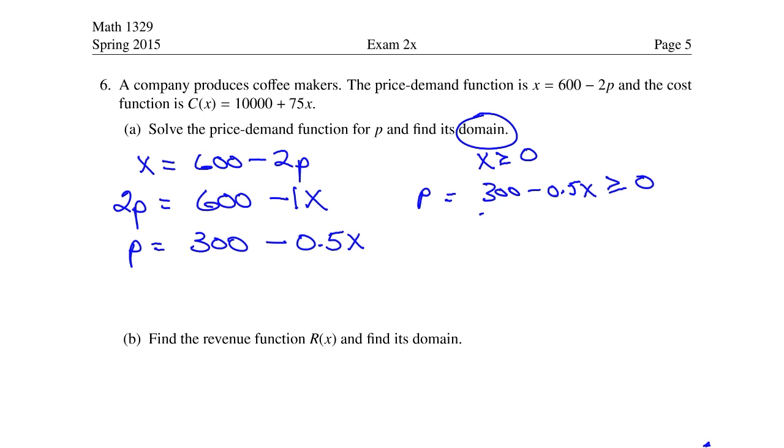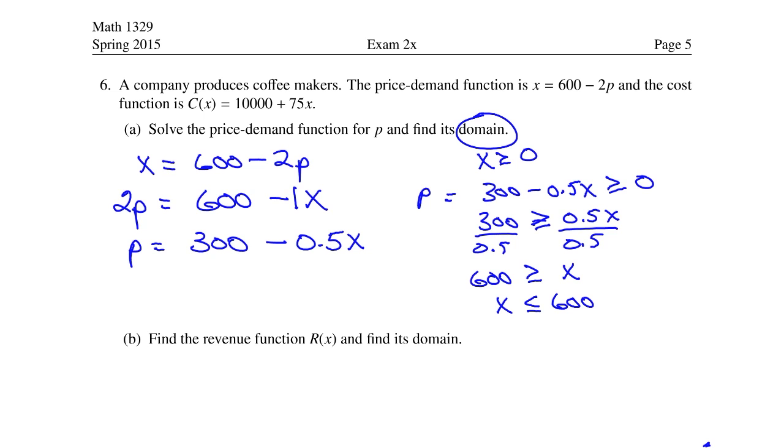So I'm going to move the 0.5x to the right side and then divide both sides by 0.5. 300 divided by 0.5 is 600, and that's greater than or equal to x, which if I flip that around, I get x is less than or equal to 600. So the domain here is from 0 to 600.